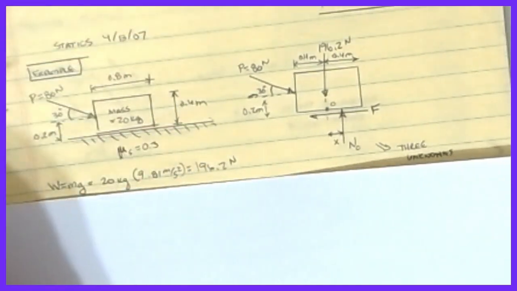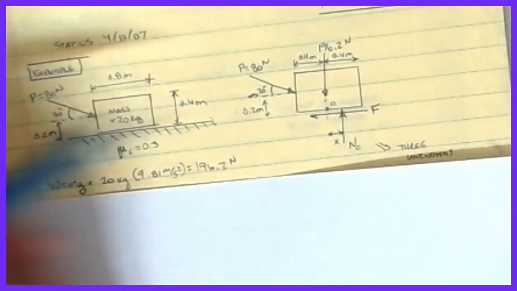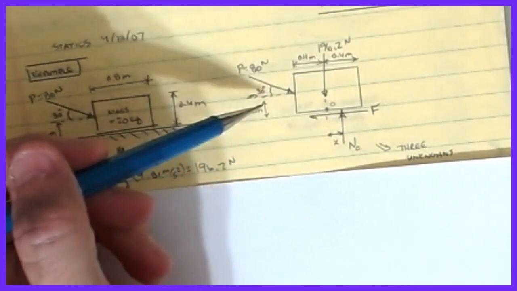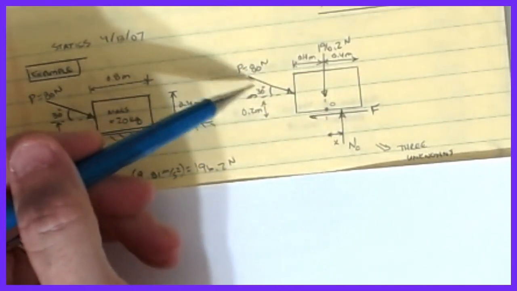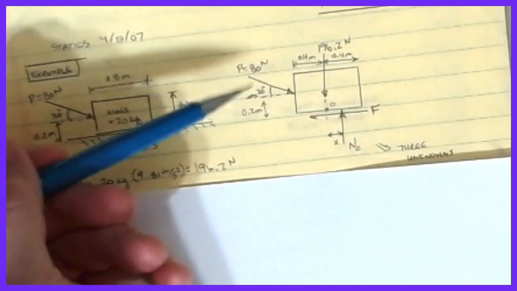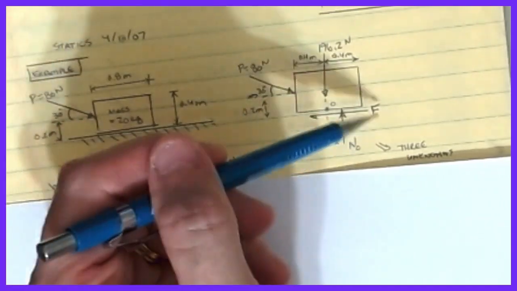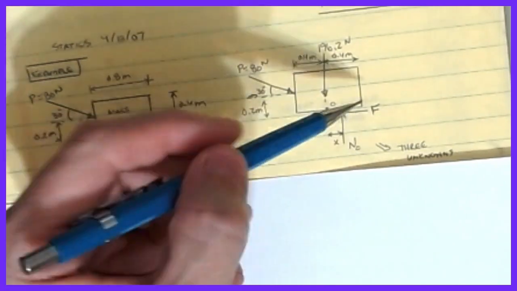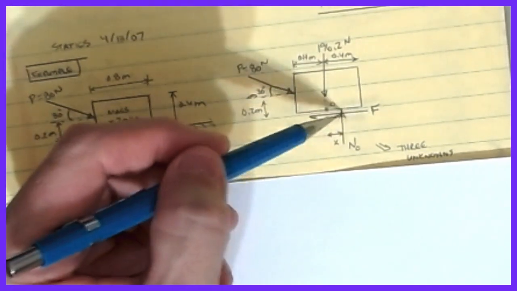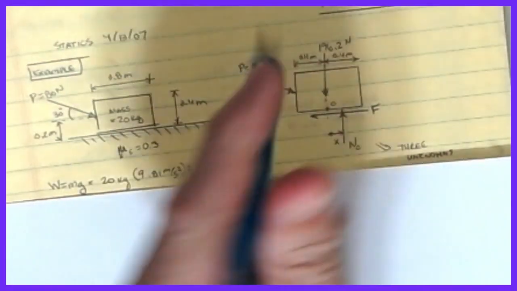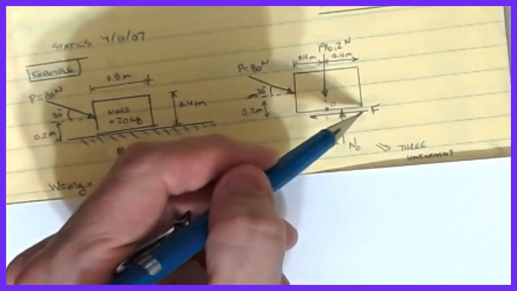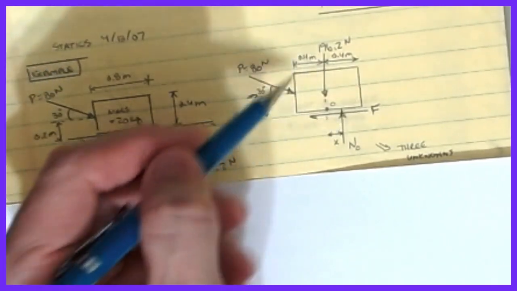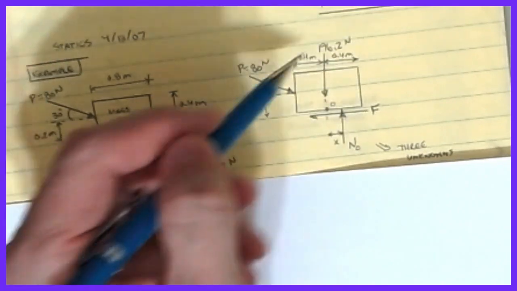All right, so all we do is we go through and we draw our free body diagram. Clearly the object can't move down because of the ground pushing up on it, but there is a horizontal component of this force that's wanting to move the block to the right. So that's why my F goes back to the left. Then the horizontal of P and the horizontal of F want to cause a rotation in the clockwise direction.